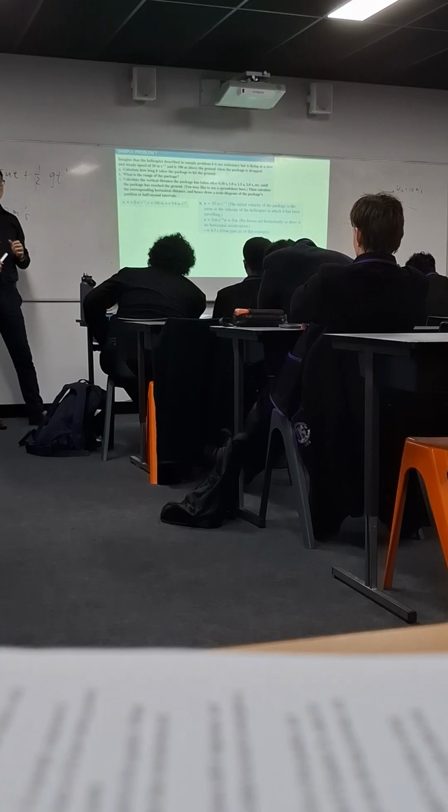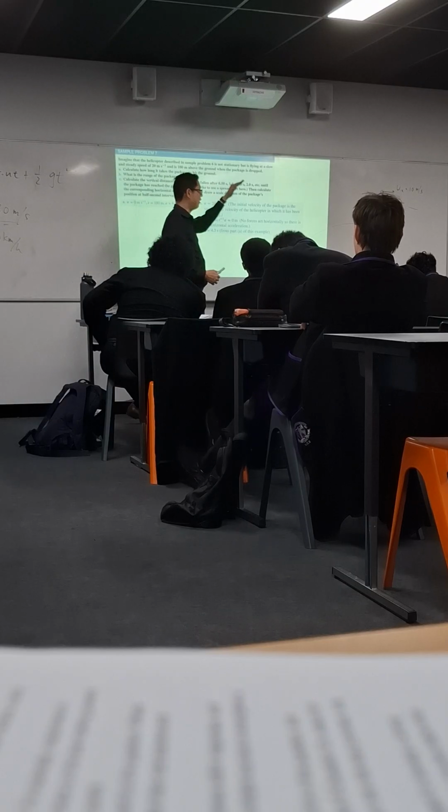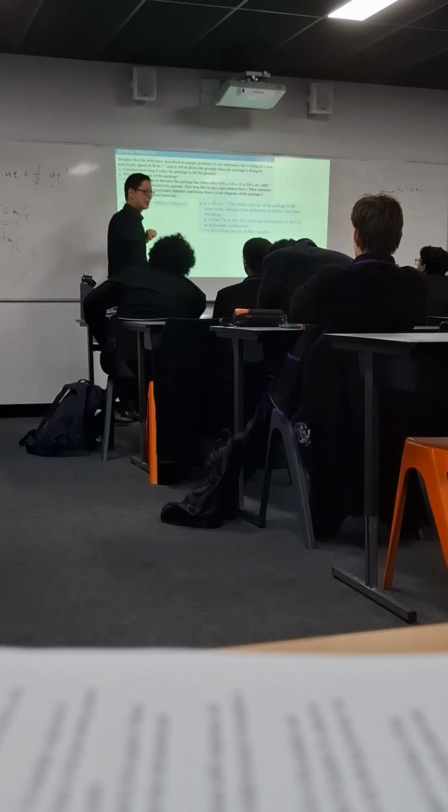How do you calculate? So like what I said just now, the vertical motion, will it be affected by the horizontal speed? No, right? Therefore, you can actually just treat it as a free fall. So which formula should I use to calculate how long it takes?